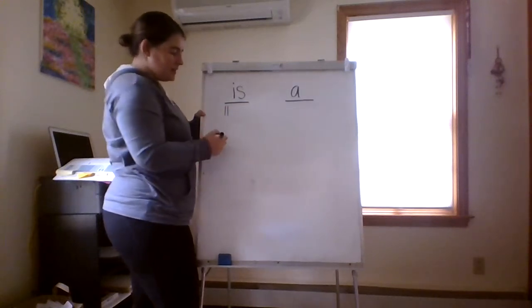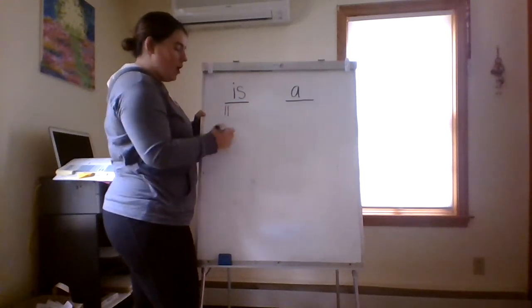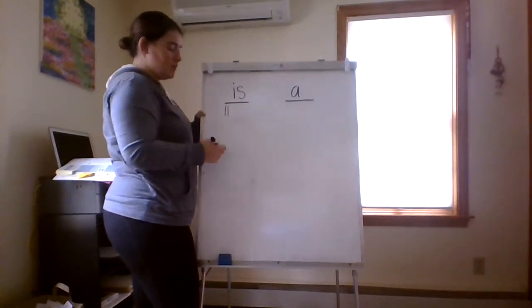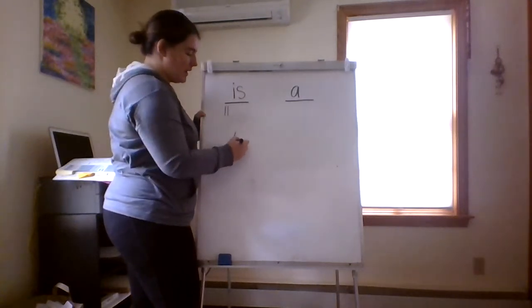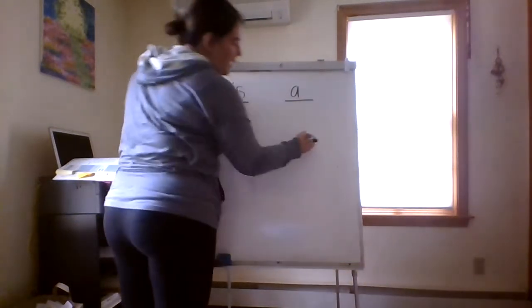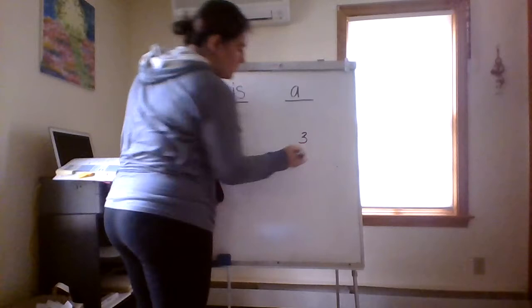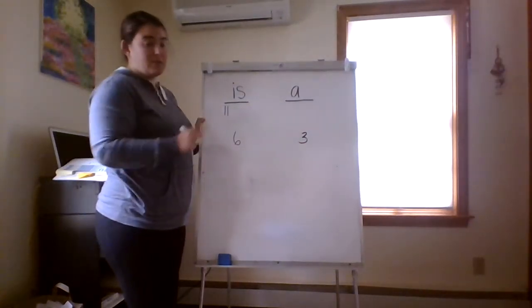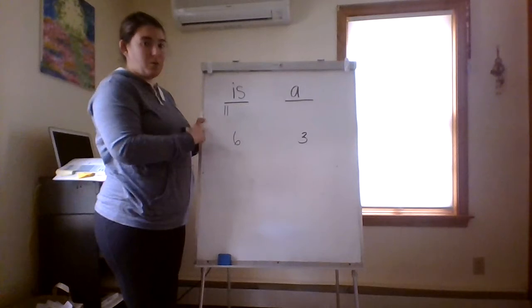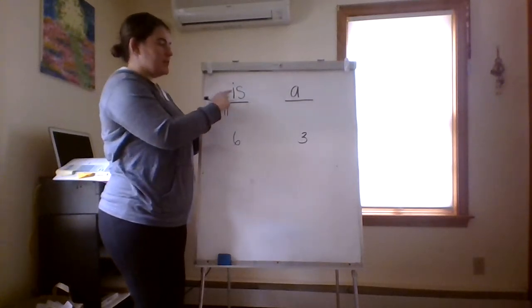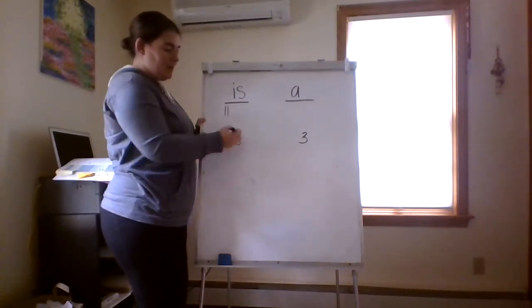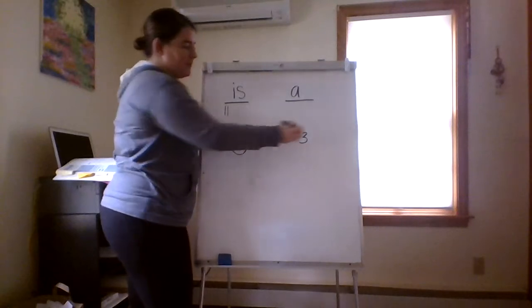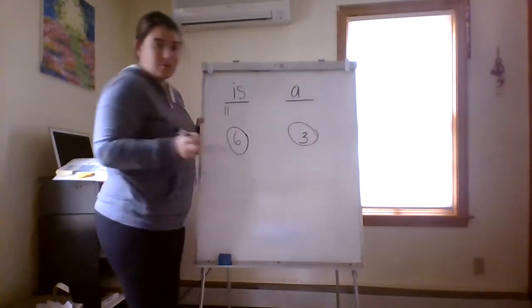And then at the end, I'm going to write all of the times I saw the word is. So maybe you saw it 6 times. And maybe you saw the word a 3 times. So this is your job once you're done with this lesson today. You're going to go read and you're going to go on a word hunt for the words is and a. And I want to know how many times you saw each of those words today.